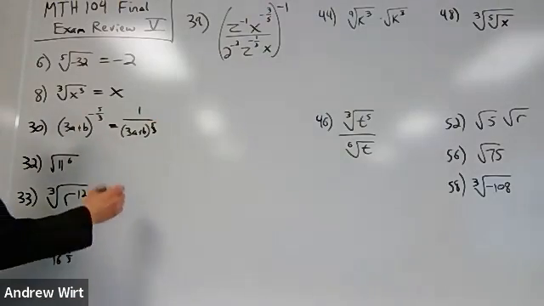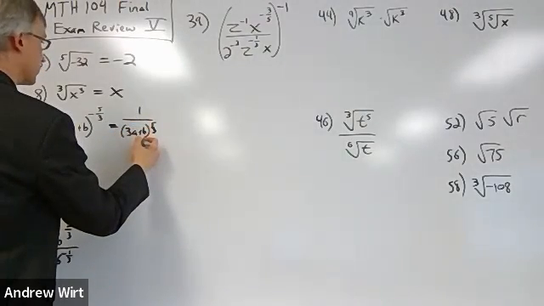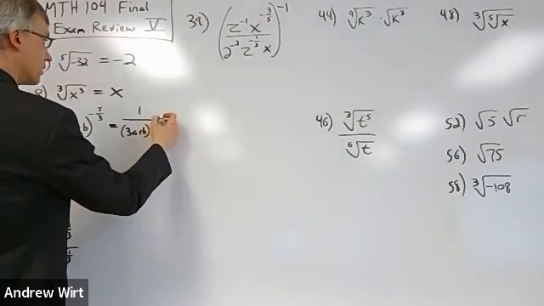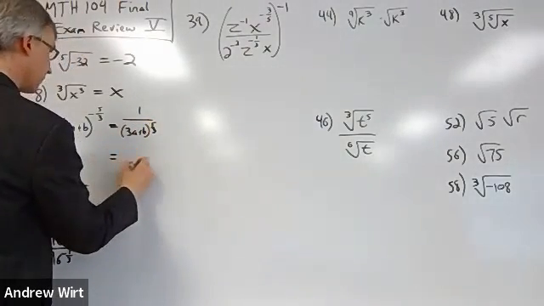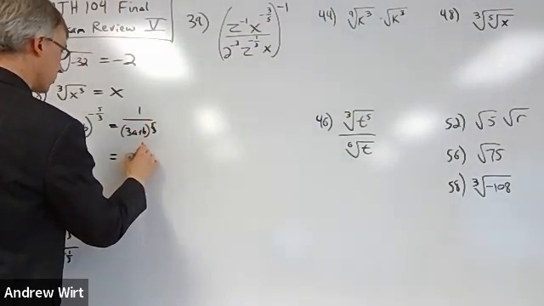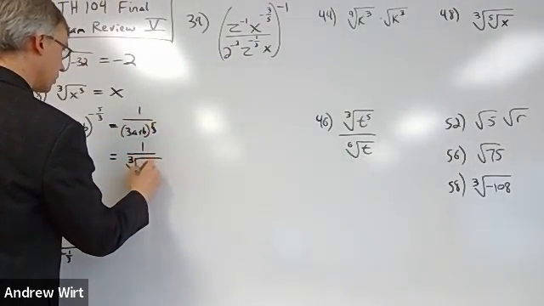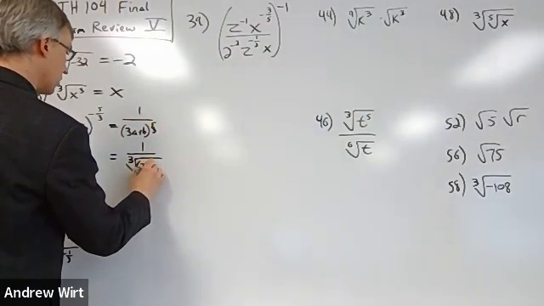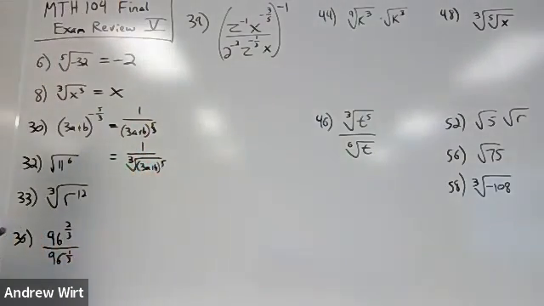And then the last step there will be convert this to a radical. So that gives us 1 over the 3rd root of 3a plus b to the 5th power.